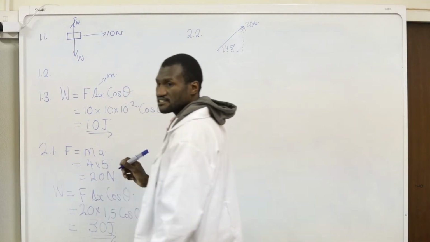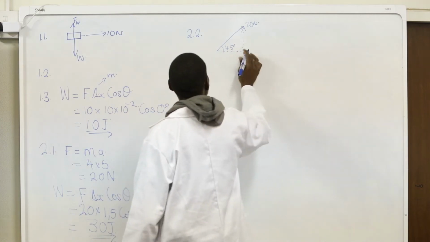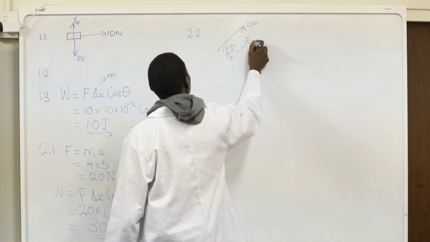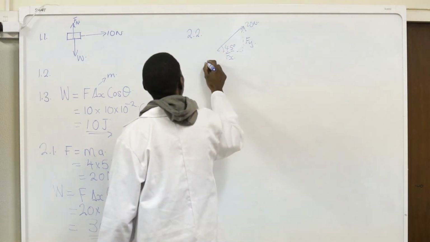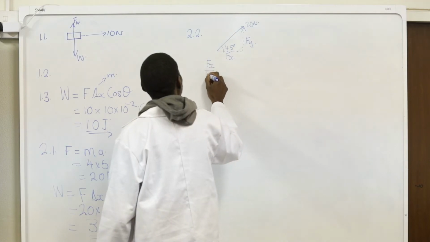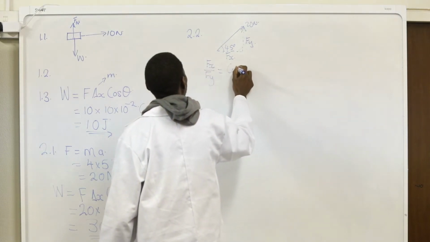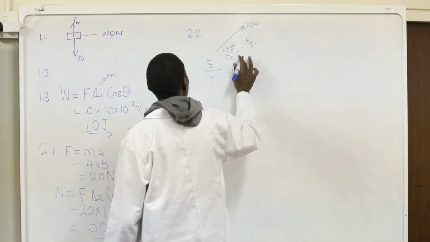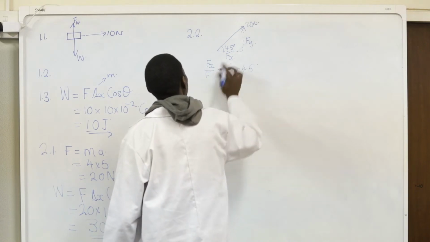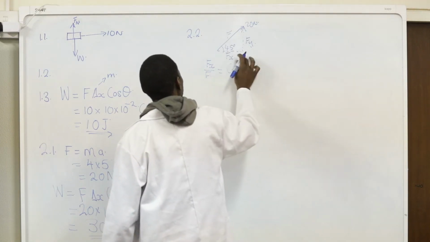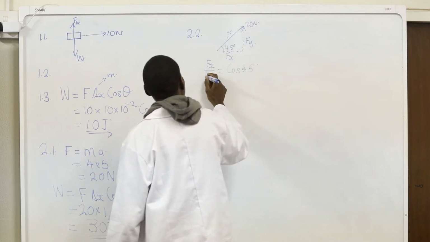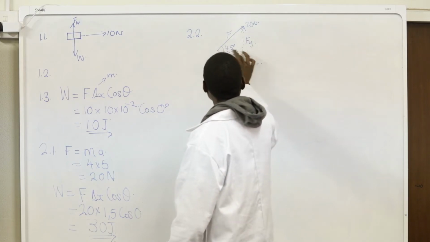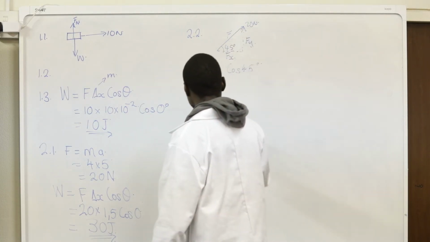We might not have covered it at any point in our presentations, but you would agree with me there is an fx component here and an fy component there. fx over f according to trigonometry is equal to cos of 45, that is adjacent over hypotenuse.